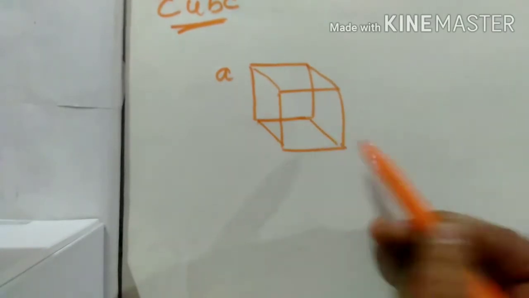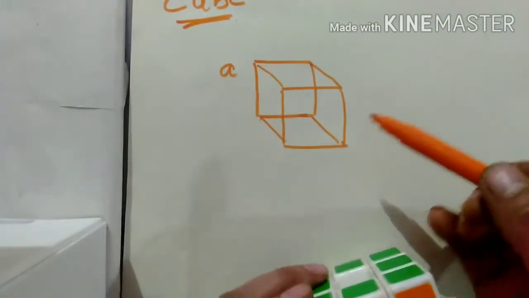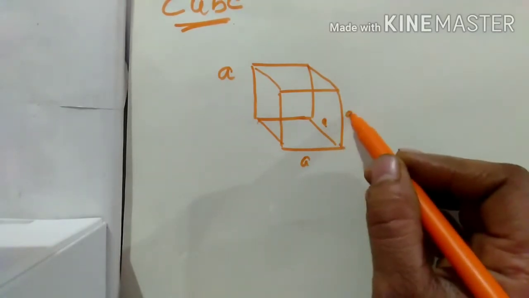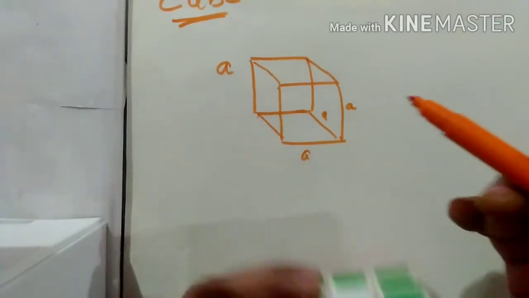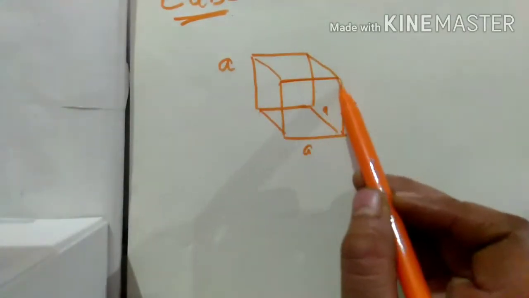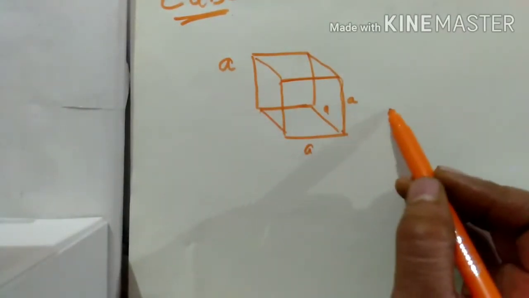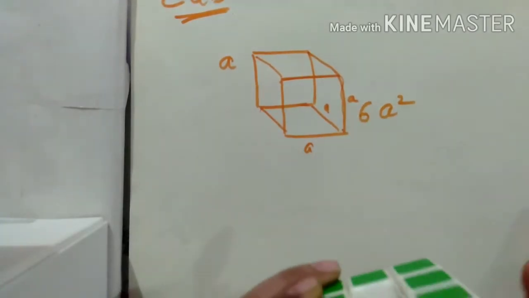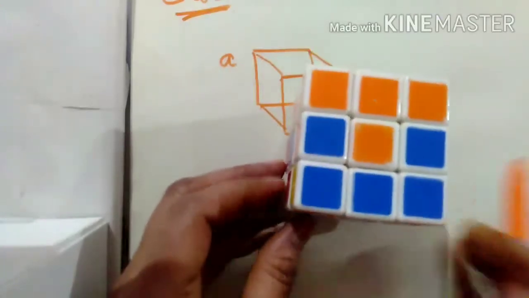This forms a cube. So within this cube, each side is equal, given by A, and because there are a total of 6 faces, and the area of one square face is A square, the total is 6A square.